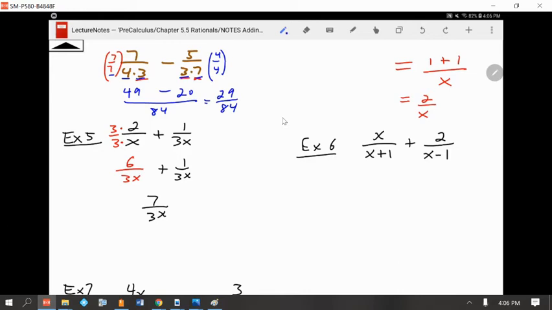So what you have to do here is multiply the first fraction by x minus 1 over x minus 1. Can you read that? The first fraction needs the same factor that the other fraction has.